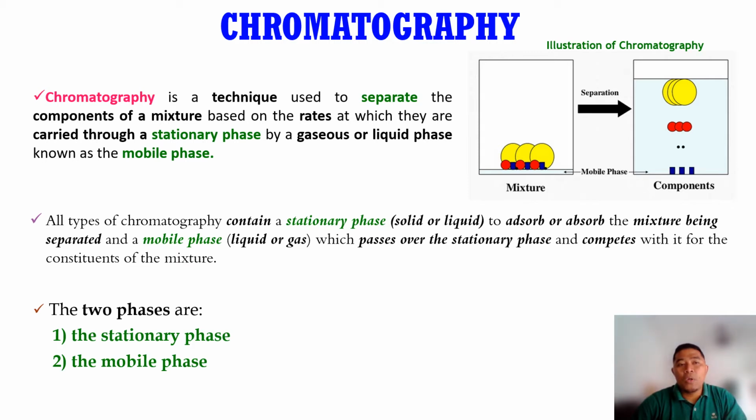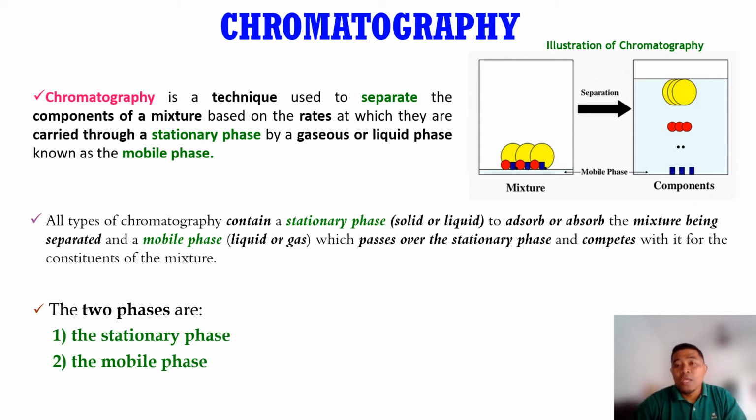Same for your analyte, you have to follow the nature of your stationary phase or liquid phase. Your mobile phase will carry your sample to move. The stationary phase is the place where the separation happens. But both the stationary phase and the mobile phase play important roles in order to separate this mixture into its components.